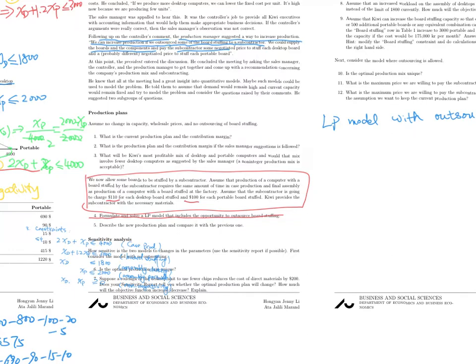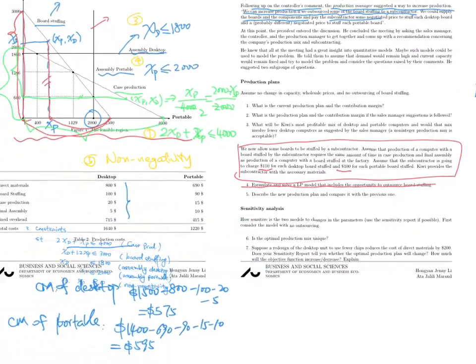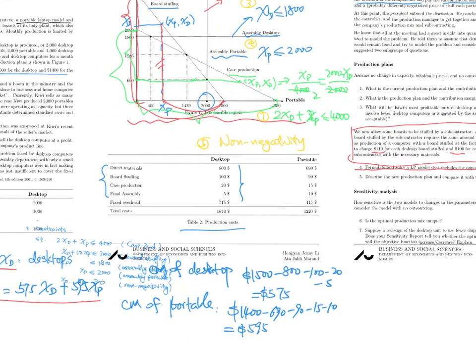In this case, we need to recalculate the contribution margin for your problem. Previously the board staffing cost was 190.